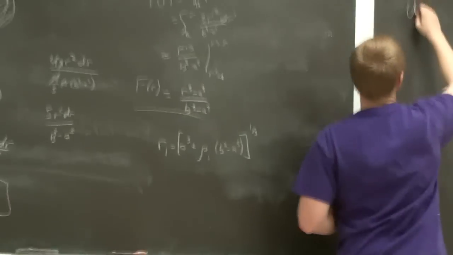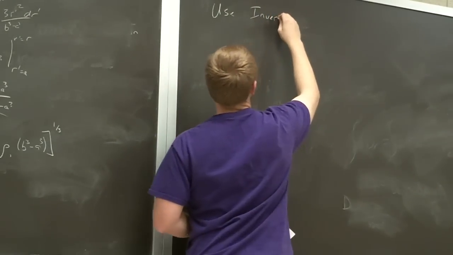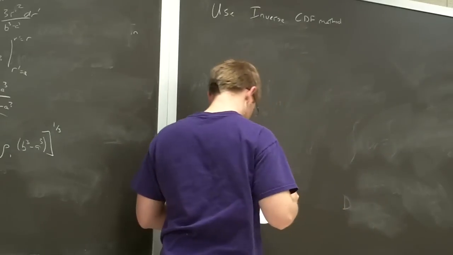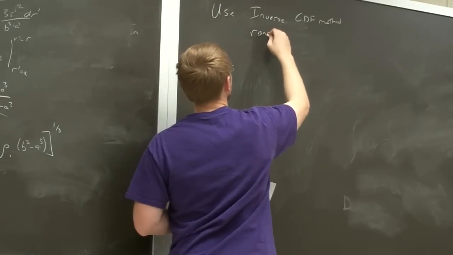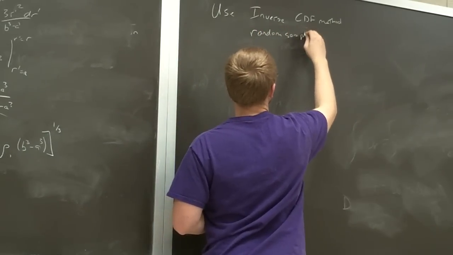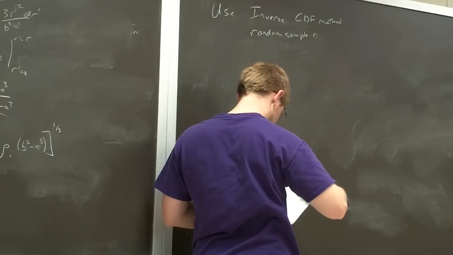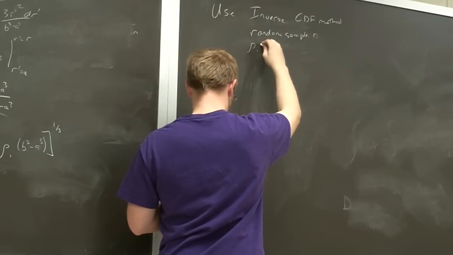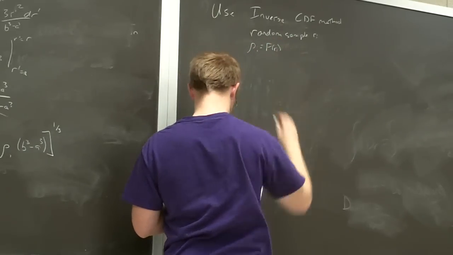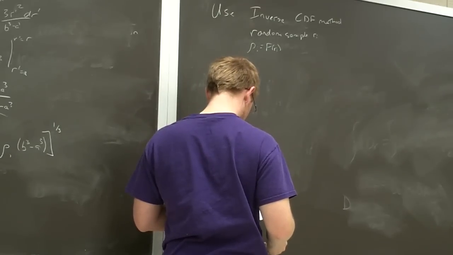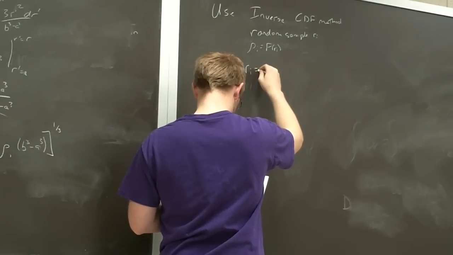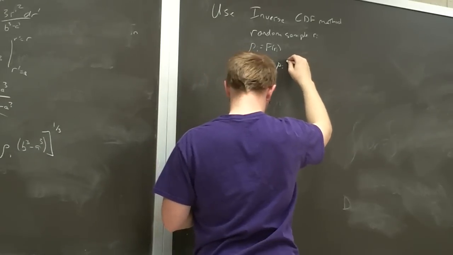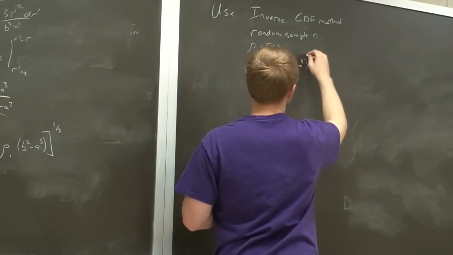so I'll write this down. Generate a random sample R sub i by setting rho sub i equal to F of R sub i, and solving for R sub i, you get a cubed plus rho sub i times b cubed minus a cubed, all to the 1/3.